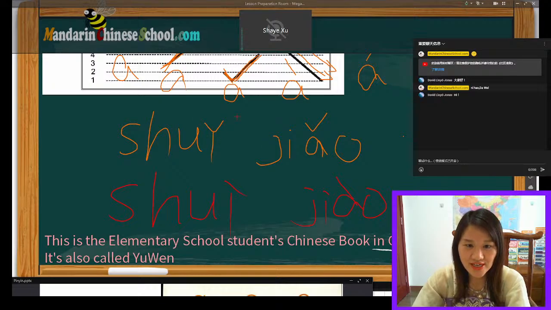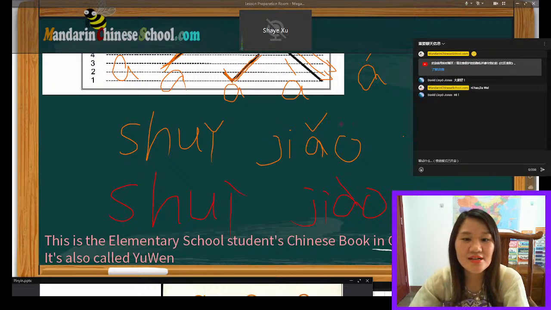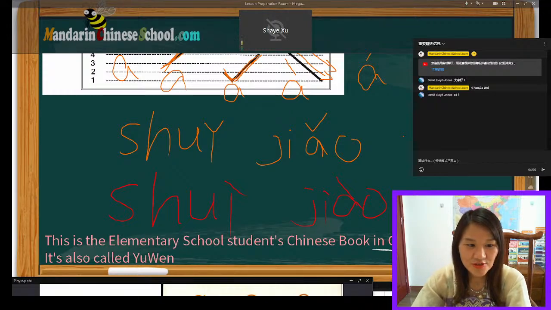And 水饺 means dumplings. So that's why, when you learn Chinese words, new vocabulary, you should be very careful with the tones. Say the tones properly.